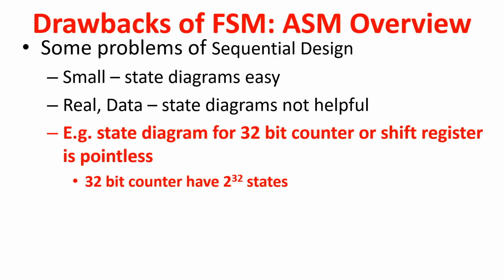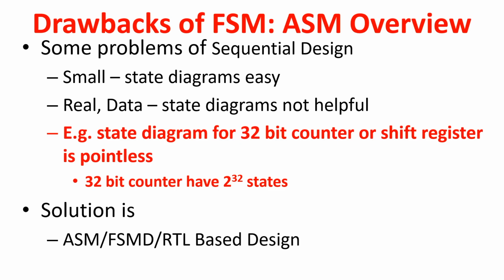A 32-bit counter has 2 to the 32 states, and the solution is ASM, algorithmic state machines, or FSMD, finite state machine with data, or we can say RTL based design, register transfer level design.